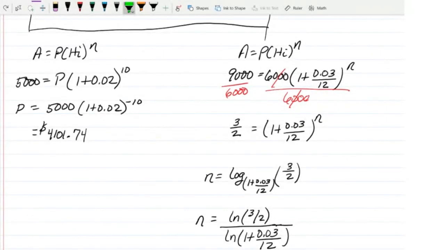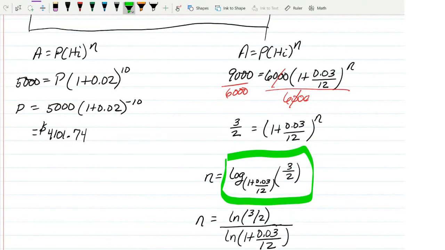So let's see. When we changed this to a logarithm, we took the base, that big nasty 1 plus I over a fraction. But all of that was the base, and what's inside the logarithm was the power, 3 over 2. If you have my Casio calculator, you could type this in directly and press enter.